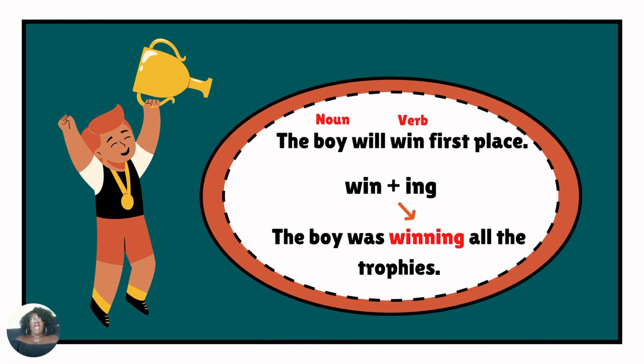Notice the arrow and the red word. The boy was winning all the trophies. Again, win is a word where you have to add another n, doubling the consonant before adding ing. I'll explain these types of words in another lesson. Winning is the action verb. Next slide.